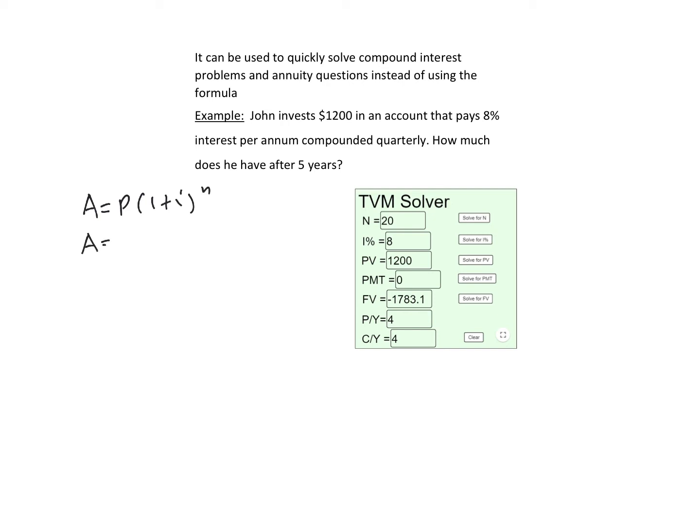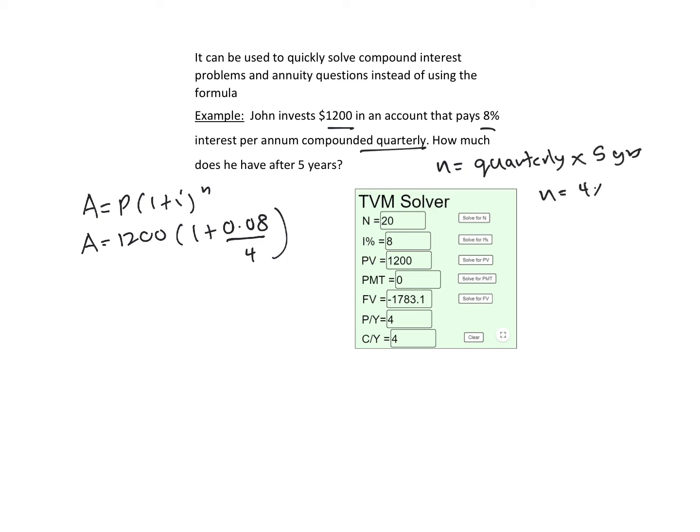The present amount is given as $1,200. The interest rate is given as 8%, so we'll write that as a decimal. It is compounded quarterly, so we'll divide that by 4. And then n will be quarterly for 5 years. So it's going to be 4 times 5, which will be 20.